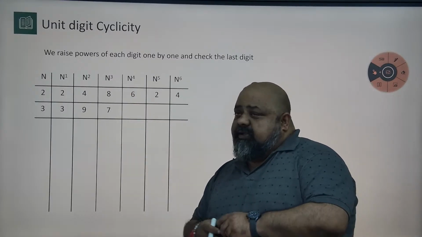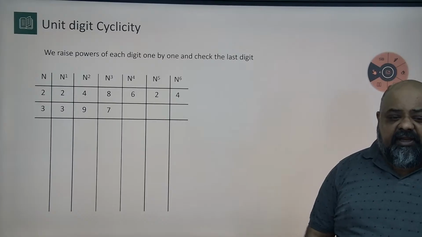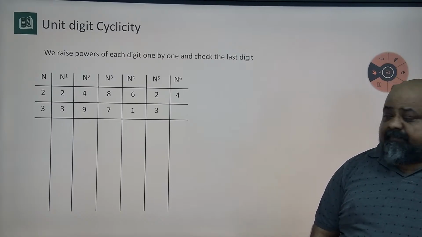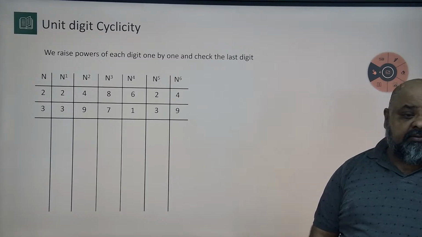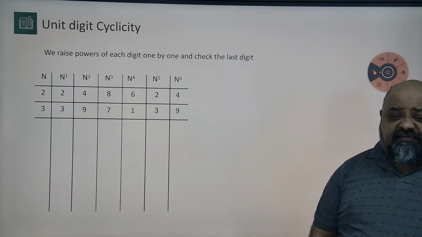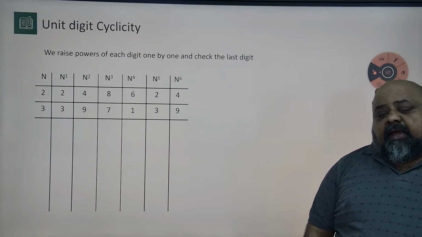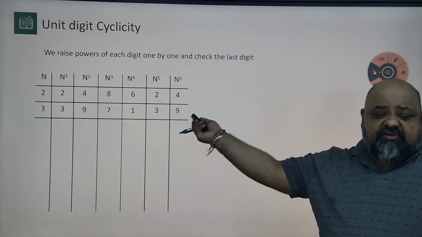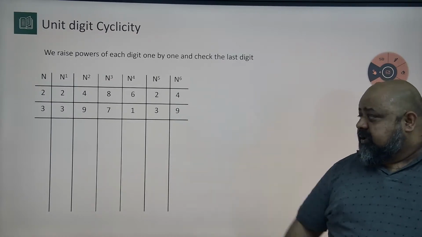So 7 into 3, 7 threes are 21. 1 threes are again 3. And 3 threes are 9. So basically if I look at the last digit, again they are repeating after 4 powers. 3, 9, 7, 1. Again we get 3, 9, so the next digit will be 7, 1 and so on.